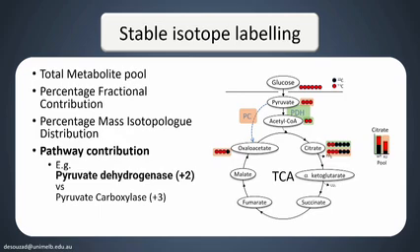Of course, you can get from it the total metabolite pool, which is your traditional steady-state metabolome information that we're all familiar with. But then, of course, you want to go into the next levels of it, which is the percentage fractional contribution. So what is the percentage labeling of that pool? What does that mean in terms of the mass isotopological distribution pattern? Where has that carbon gone?